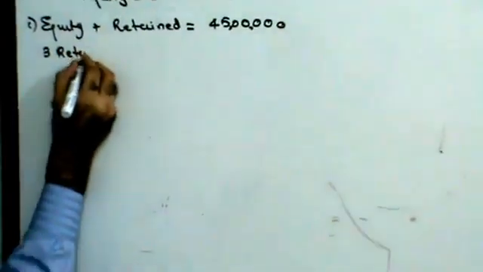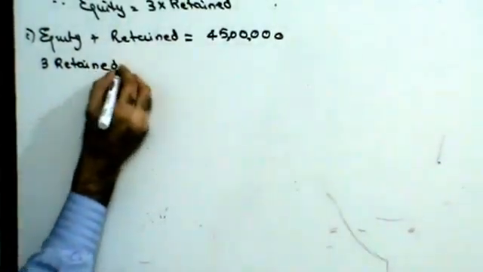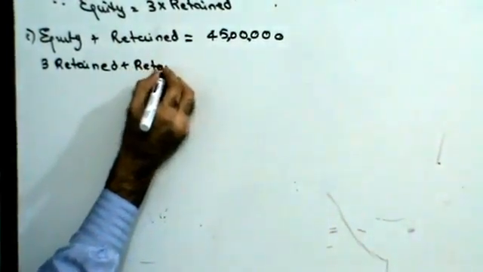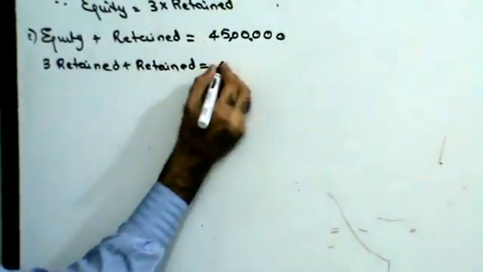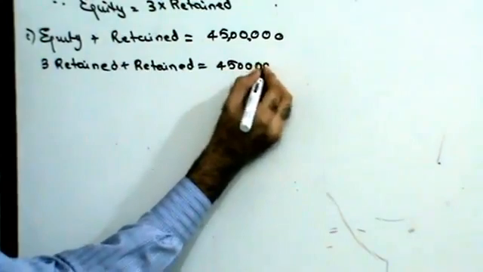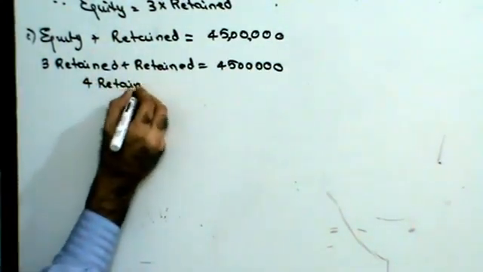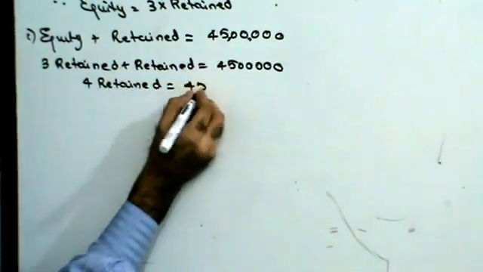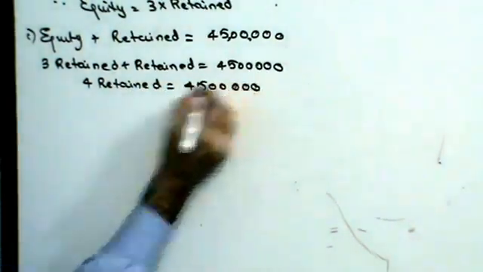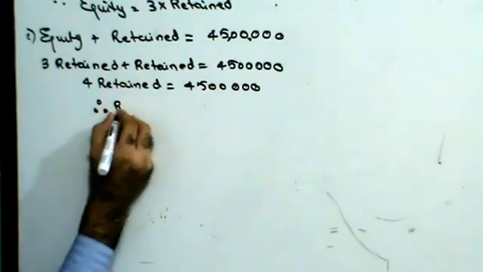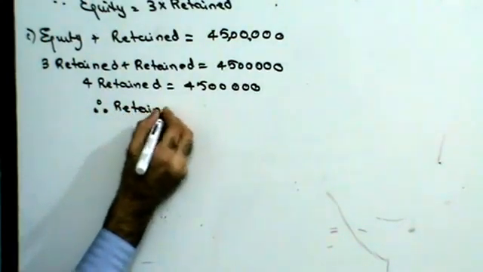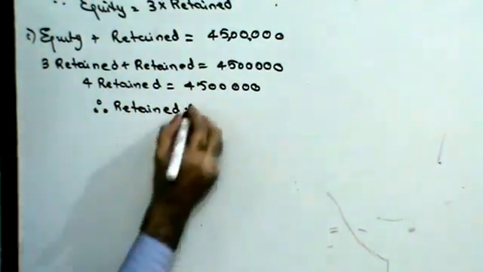Now, we've said equity is 3 times retained, plus retained is going to give you 45 lakhs. So 4 times retained earnings is going to give you 45 lakhs. Therefore, retained earnings is 45 lakhs divided by 4.